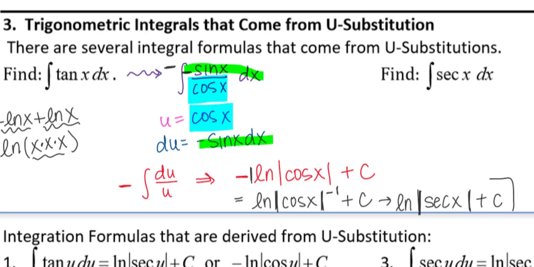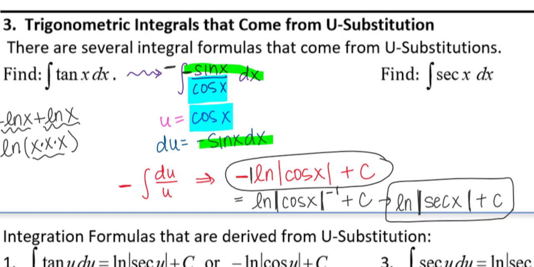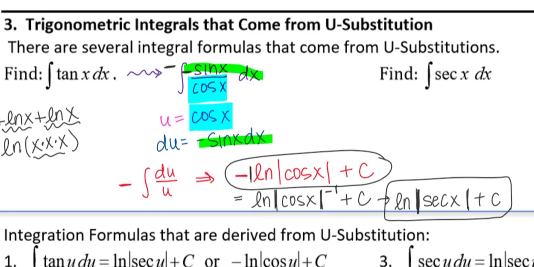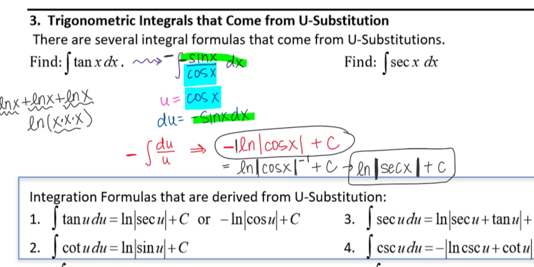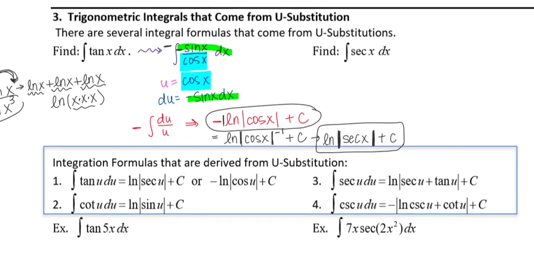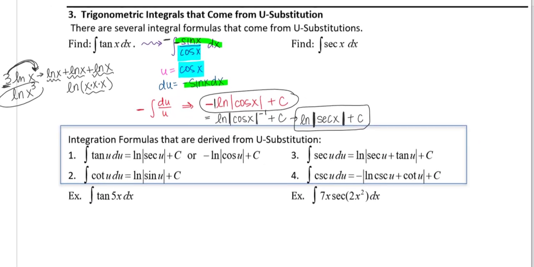And the reason I'm going to say that's huge, you could absolutely memorize it or know it or derive it with the negative 1 in front or as a coefficient of natural log of cosine x. But what I think is a little bit more powerful is if you can recognize the relationships between tangent and secant. I think that would be really helpful long term for Calc 2.